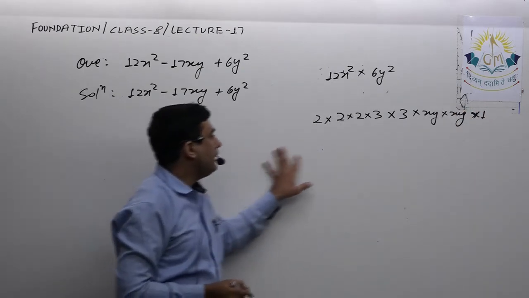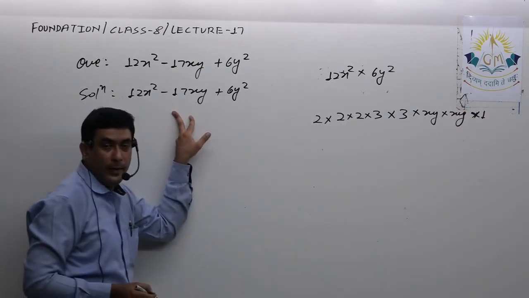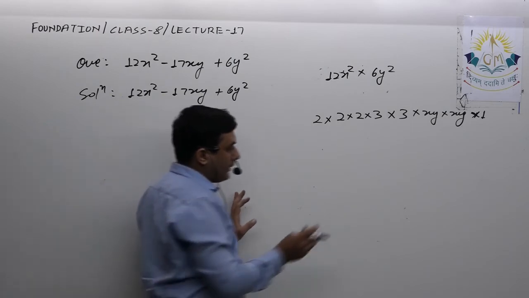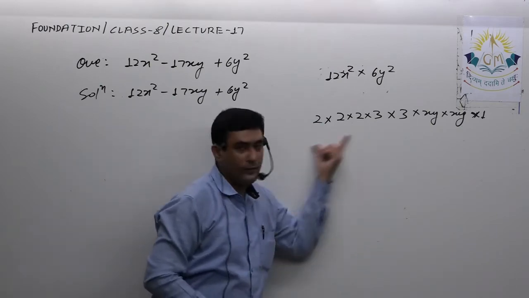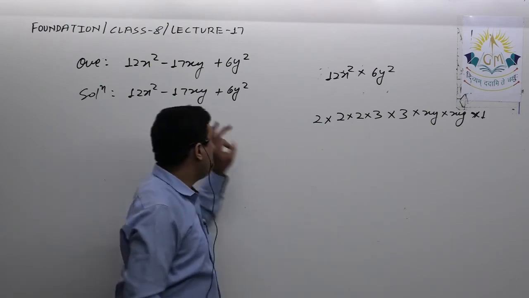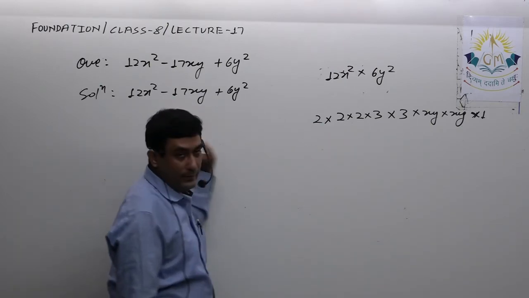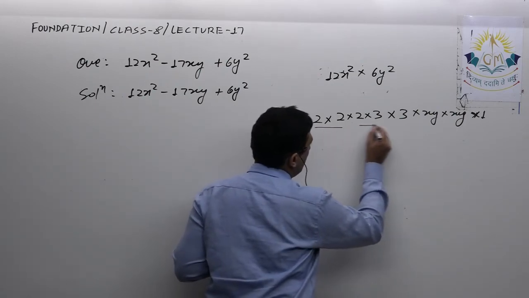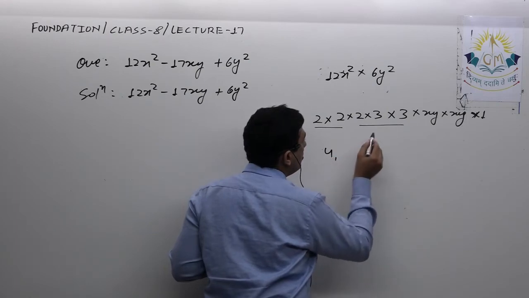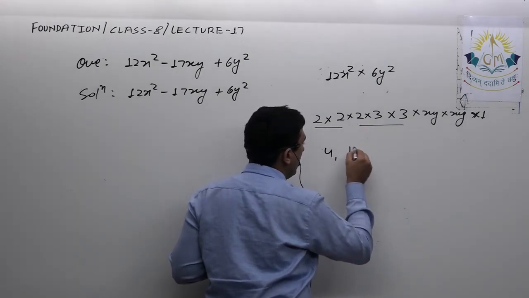Now using these factors I have to obtain minus 17xy. So xy definitely I will multiply with each of the numeric factors. The only thing I have to concentrate on is how to get minus 17. If I take these two and these three, so 4 and 18.